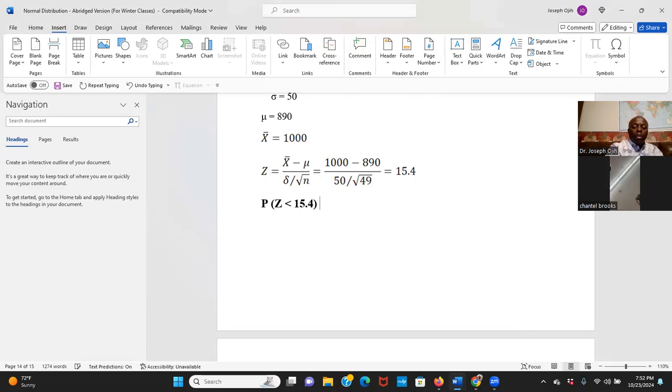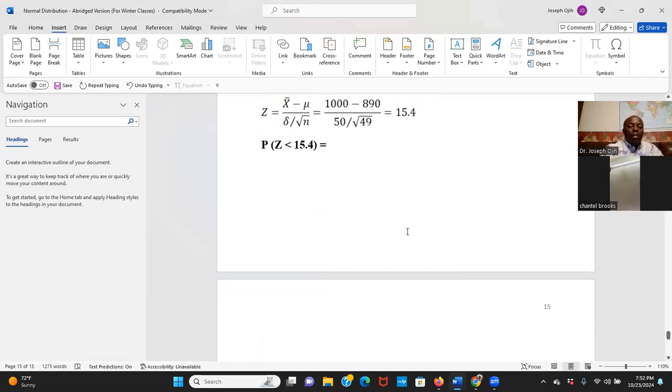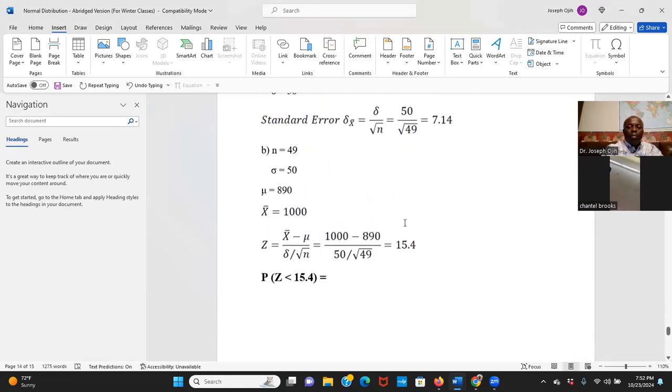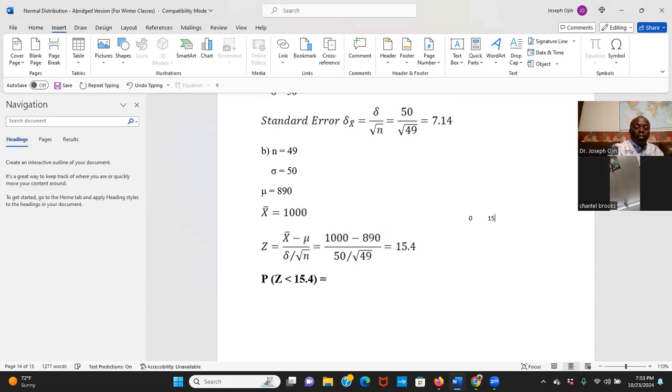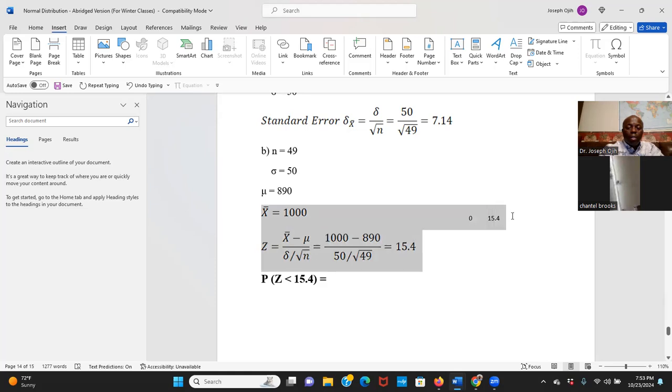Okay, to answer that, I'm going to make a chart. Maybe I can make the chart on this side here. Let me write 15.4 big so you can see it.